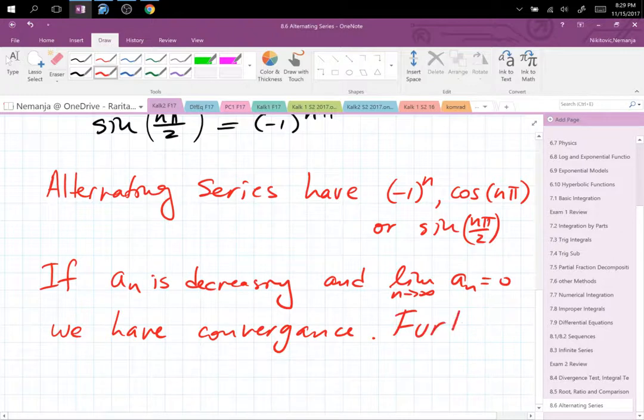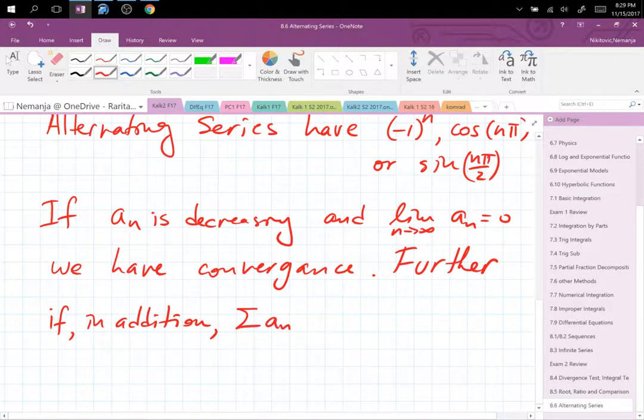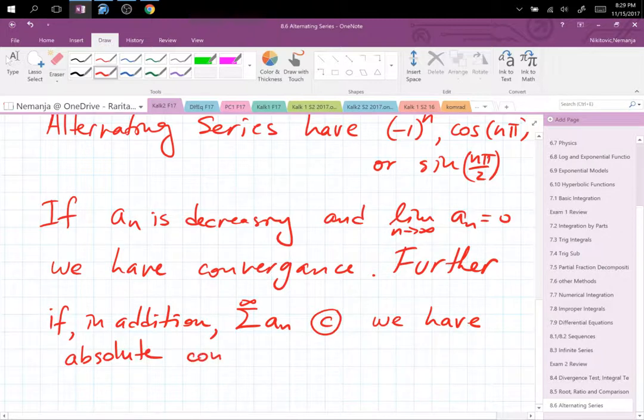Further, and this is the big part right here, if, in addition, the summation of a_n, when you take the alternating term out, converges, we have absolute convergence.